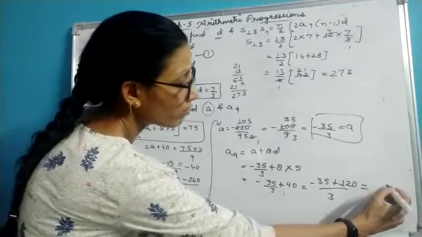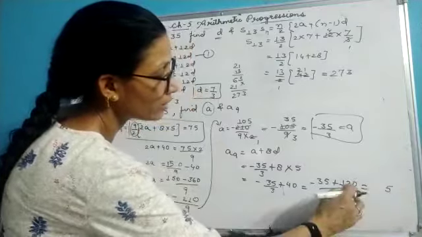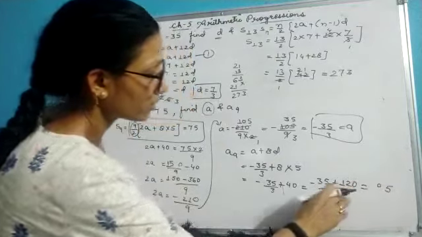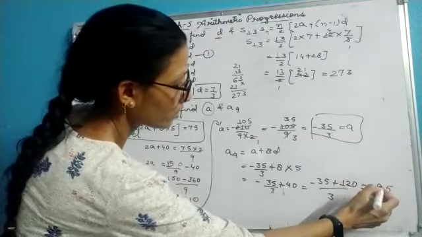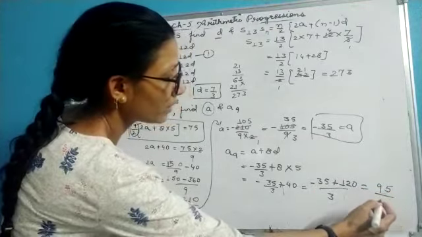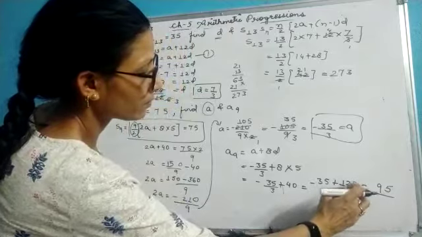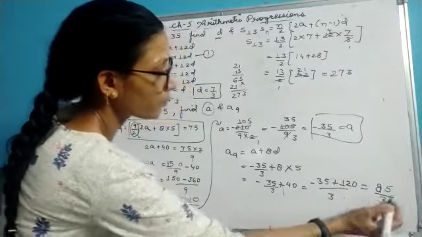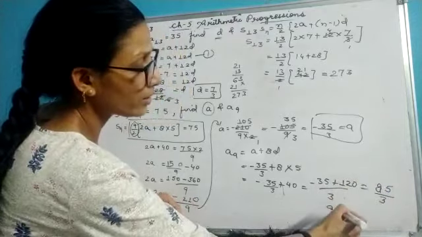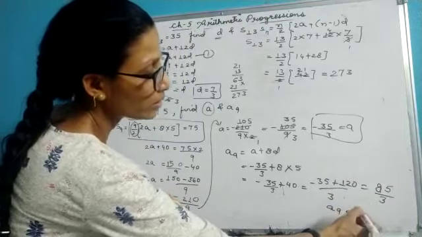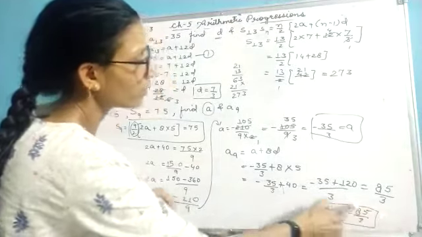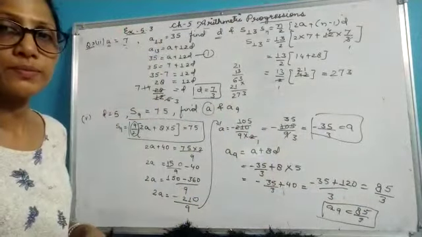So it will give me 85 by 3. So what is your A ninth? That means what is your ninth term? It is 85 by 3. So this is your ninth term, which is asked in the question.